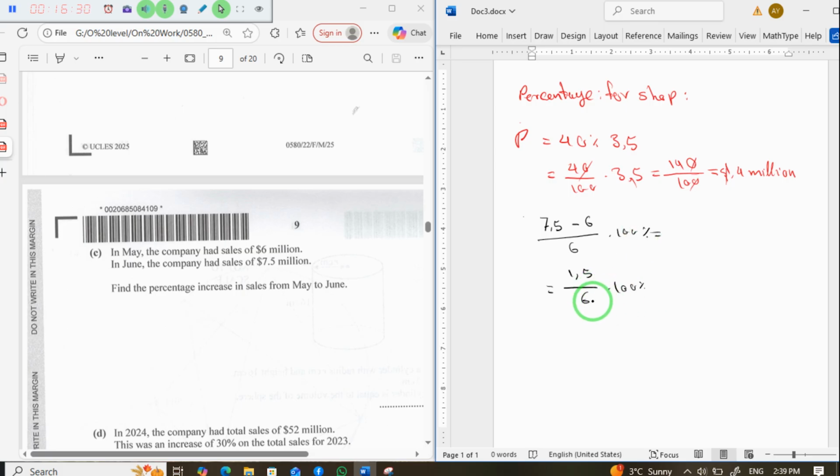Then we simplify it here by removing the decimal point directly: 15 over 60 multiplied by 100. Then we simplify: 15 times 4 is 60. Then we simplify 100 over 4: 25. So the answer is 25%. It means the percentage increase in sales from May to June is 25%.